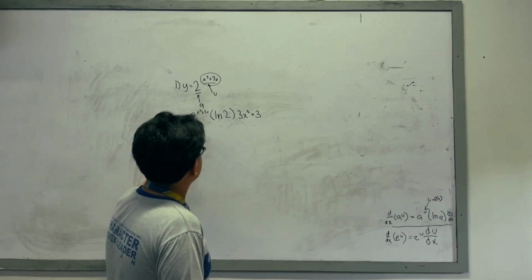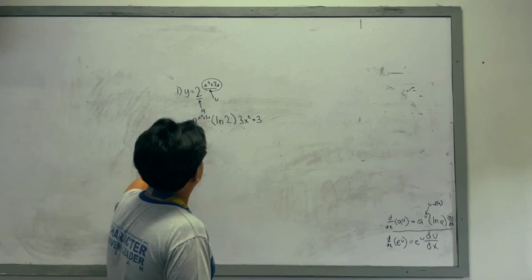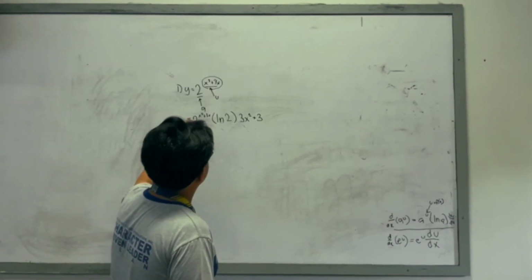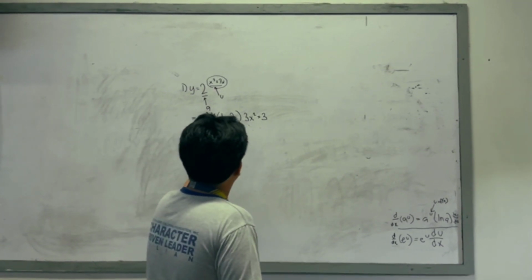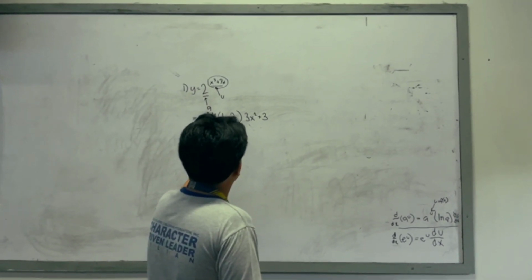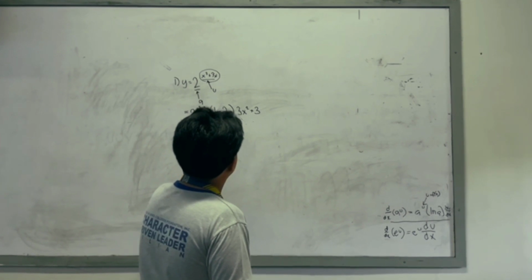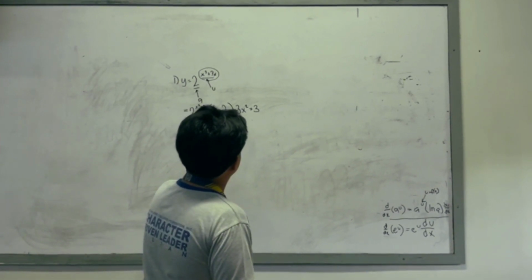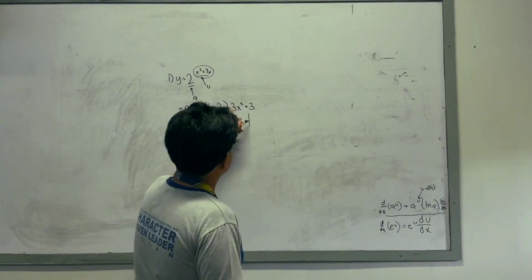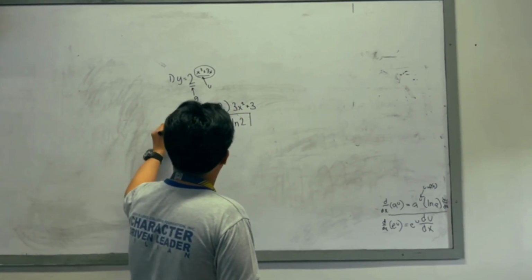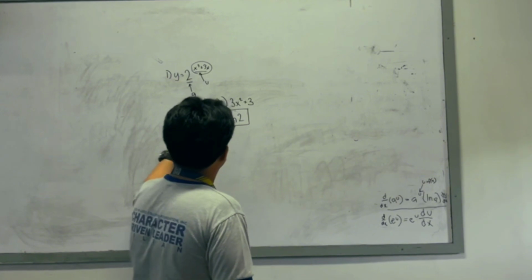We're just going to copy the a and the u and write it down. Then we're going to write the derivative of u, 3x squared plus 3. Now we're just going to bring down the ln 2 so that they can multiply together, and that will be our final answer.